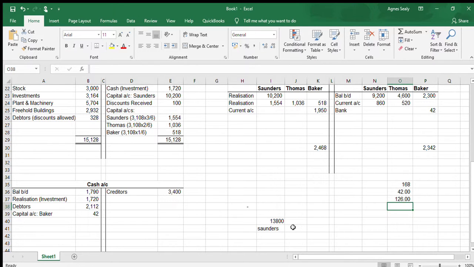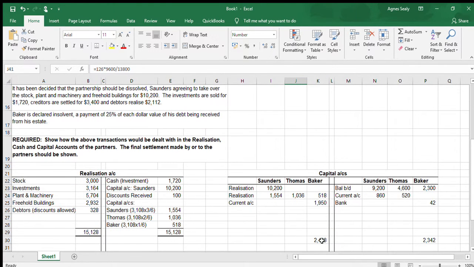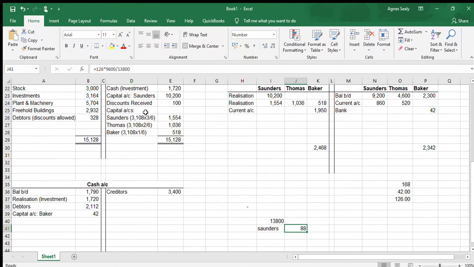So Saunders will have to pay then, where's 92? Right.